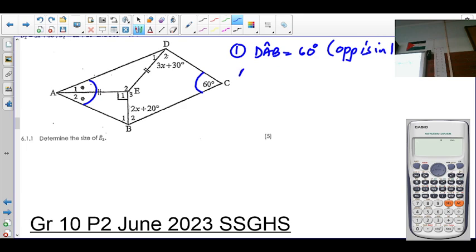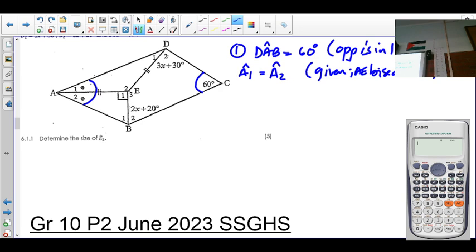Now we know that angle A1 is equal to angle A2. Where did we get that? It is given that AE bisects DAB.